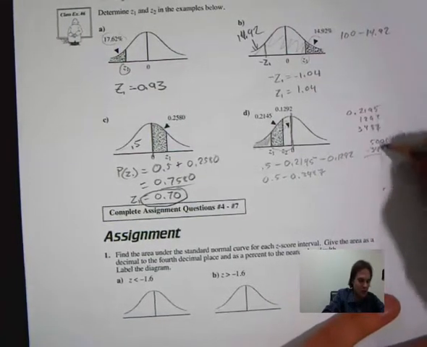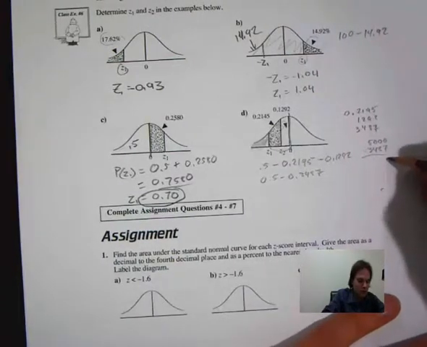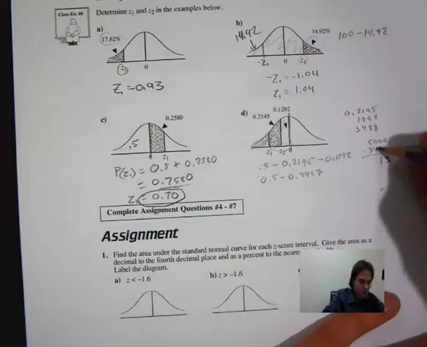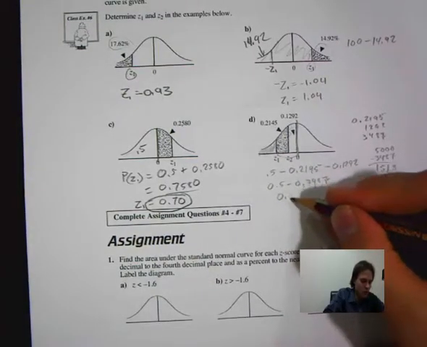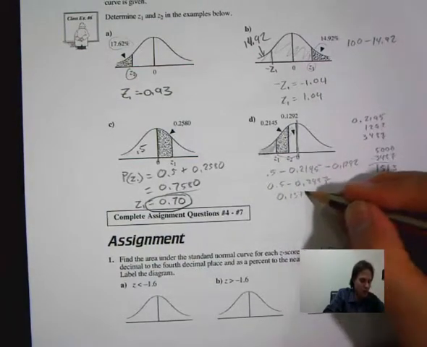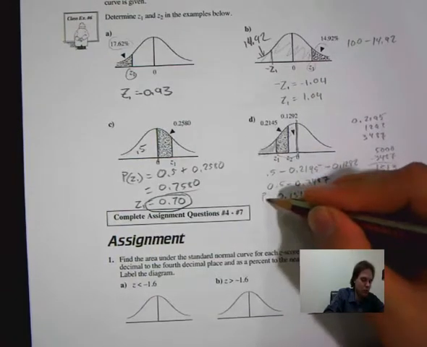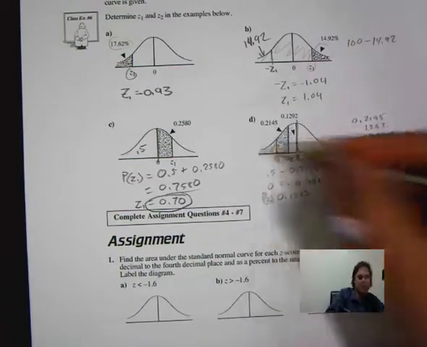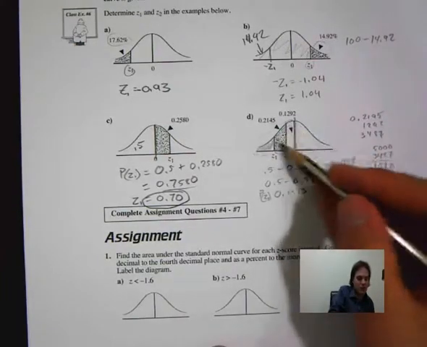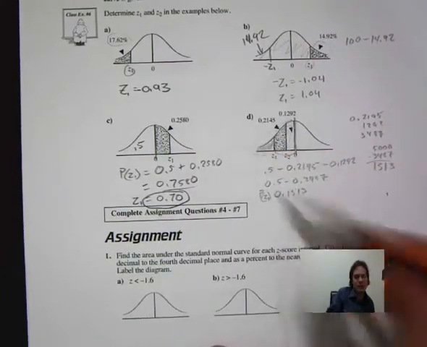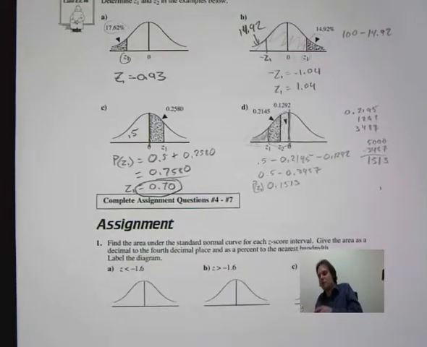So that gives me 0.1513. So now we have to figure out this probability, Z1's actually everything less, okay? Because this is all 50%, and we're missing this part of the 50%, so that is the Z1's probability. That's what makes this one challenging. If you don't quite get this, don't worry about it yet.